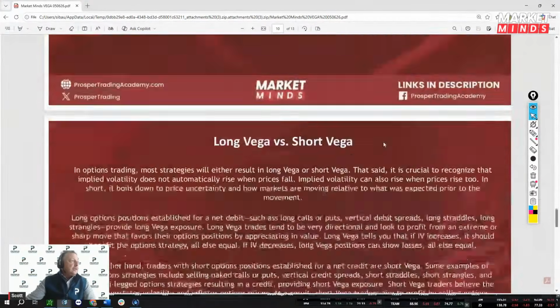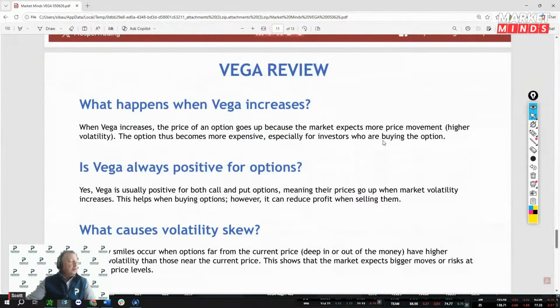Okay, so let's go through a little bit of a review here. When Vega increases, options get more expensive. Again, why?